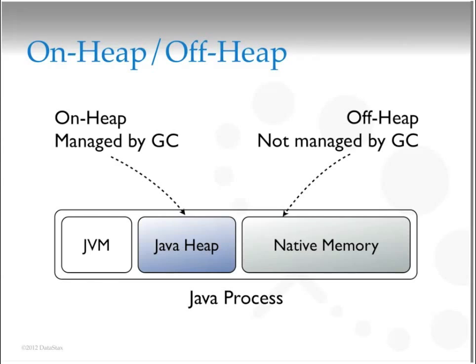So what we want to do is take those structures and move them into native memory off of the heap, where we can clean them up using manual reference counting instead of relying on the Java garbage collector to do it.